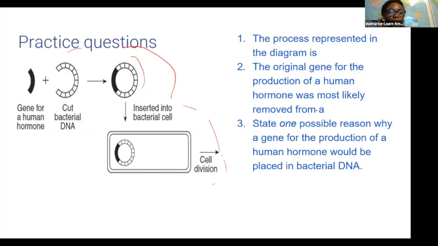State one possible reason why a gene for the production of a human hormone would be placed in a bacterial DNA. Why would you put it inside of a bacteria? Think about that. It's because bacteria is a simple organism.